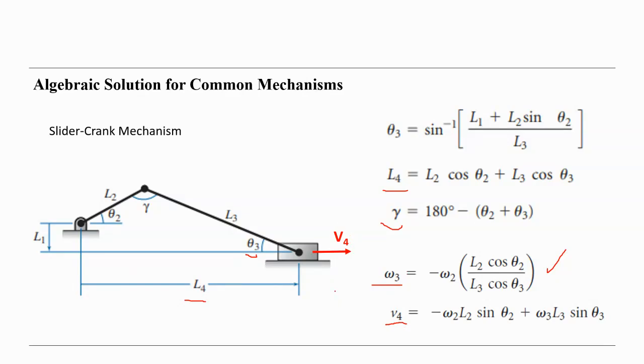The V4 is the linear velocity of the slider. So using the analytic formulas and applying the derivation, we can easily calculate the speed.